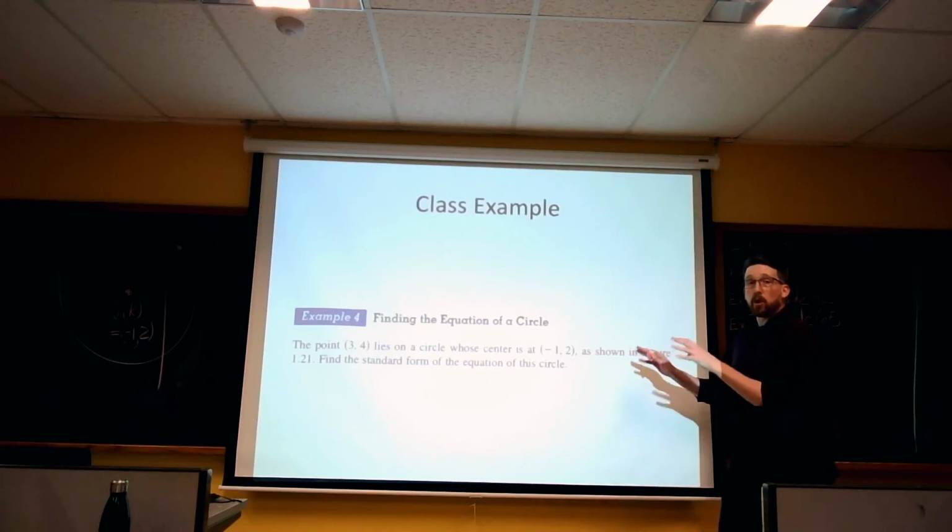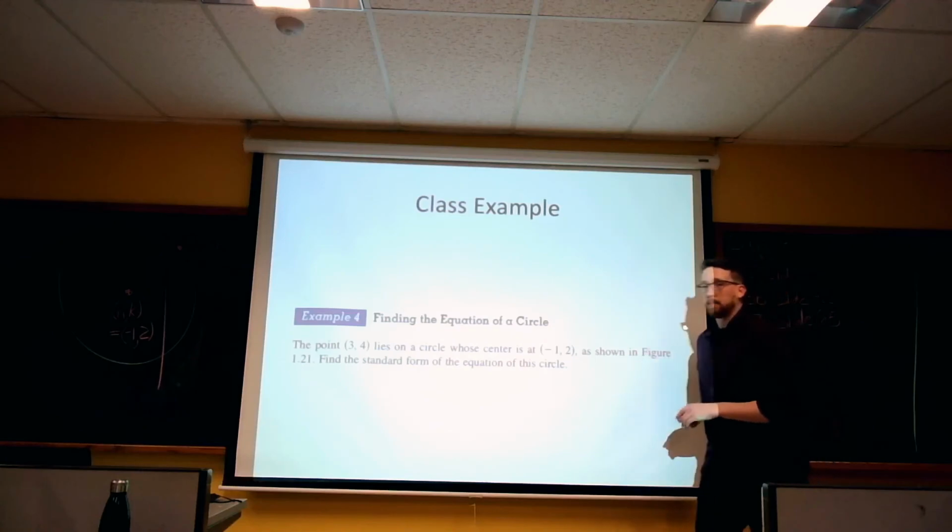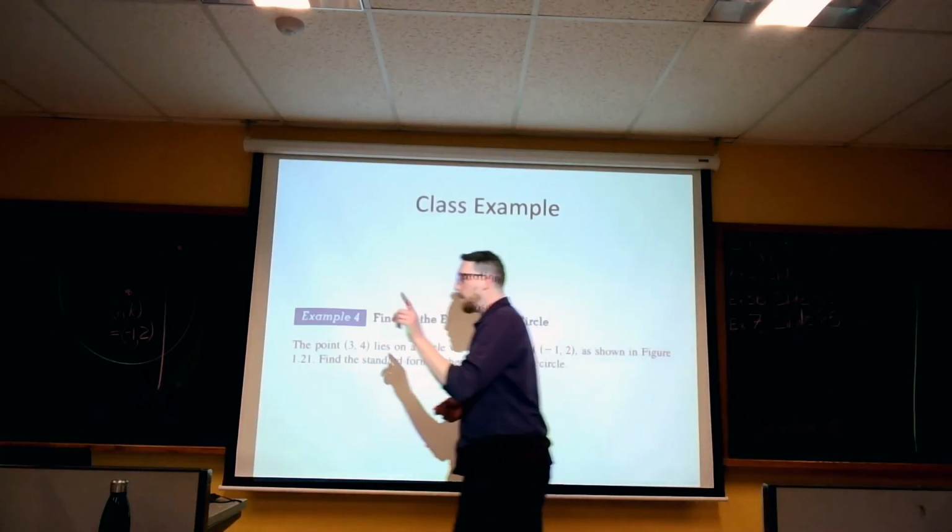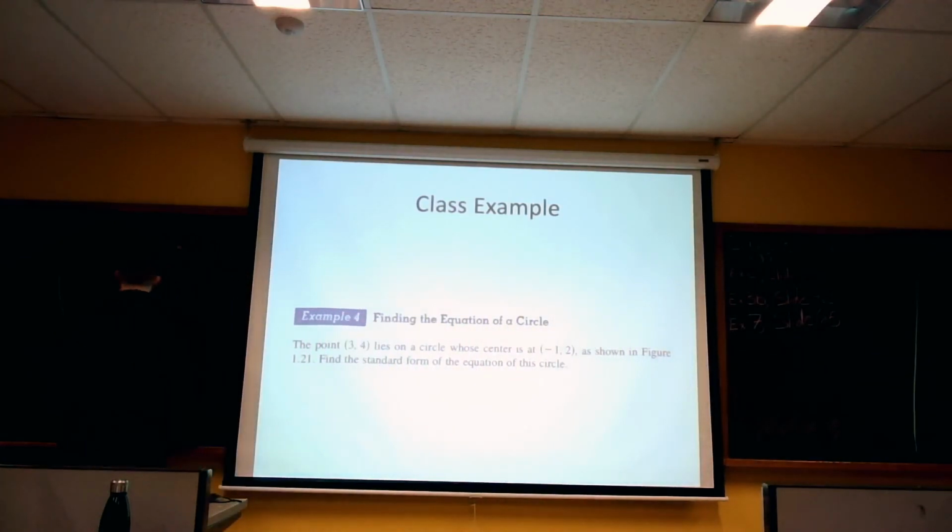But somehow we're going to get that information from this problem, from this setup. The way we're going to do it is we're going to say, well, the radius is going to be the distance from the center to this point here. So by applying the distance formula, we can get the radius of this circle with just these 2 points.